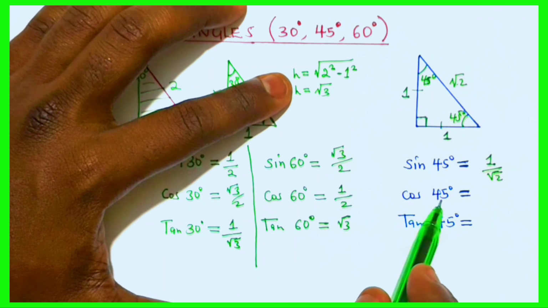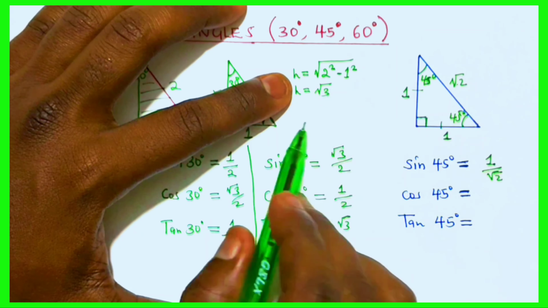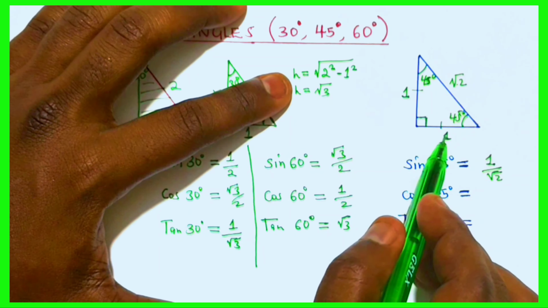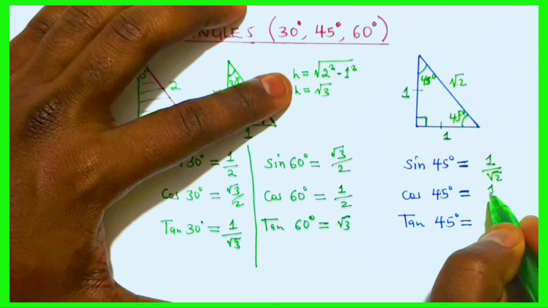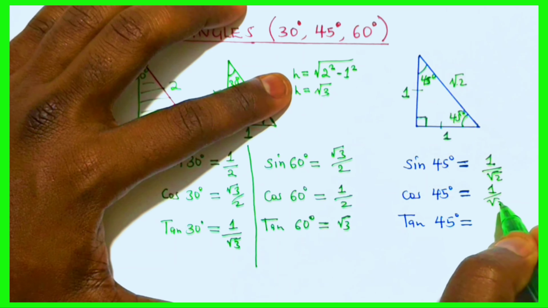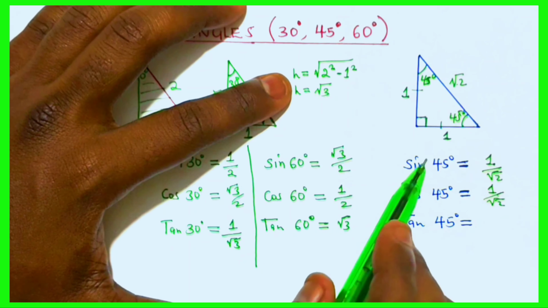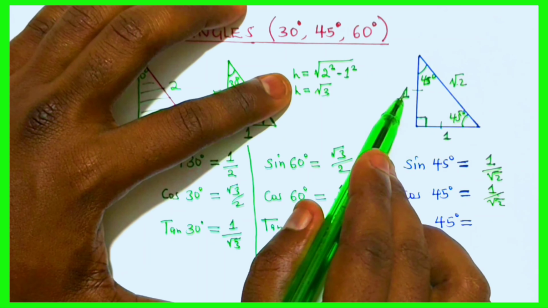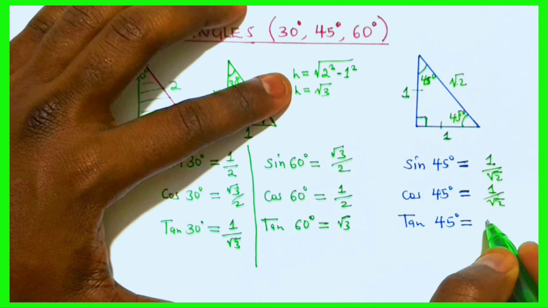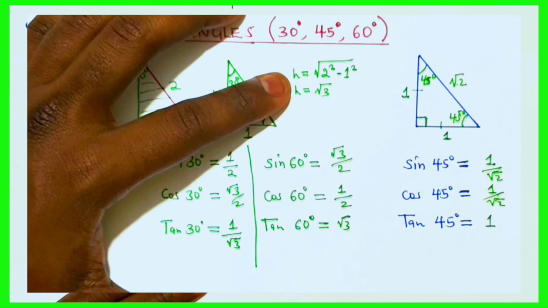And then the cosine of the same angle will be adjacent over hypotenuse, which is also 1 over root 2. And then the tangent is opposite over adjacent, that means 1 over 1, which is simply equal to 1.